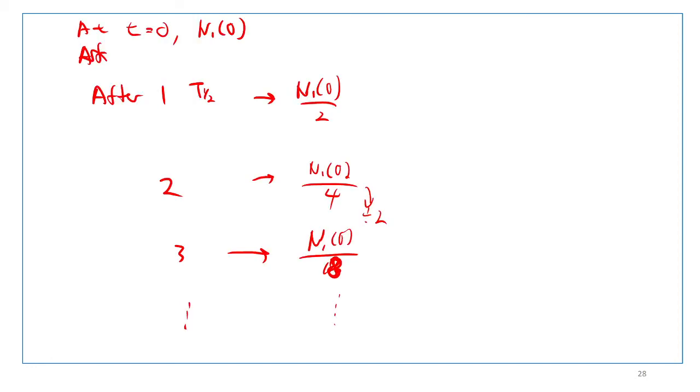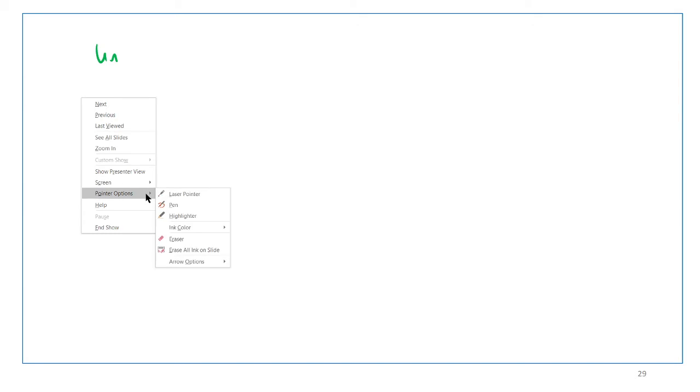So next, we discussed the decay constant, now we discuss the unit of activity. Let's go back to the rate, the unit for the activity.